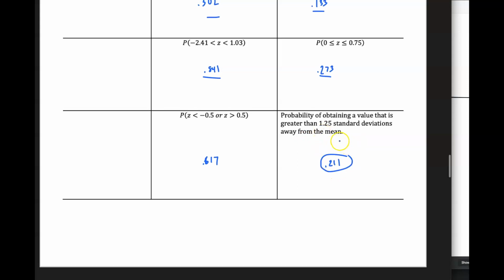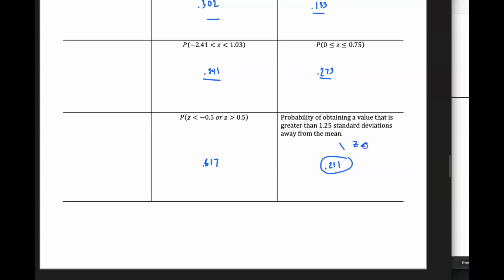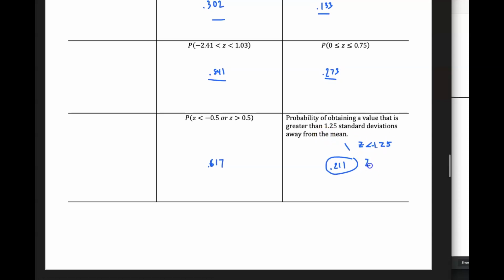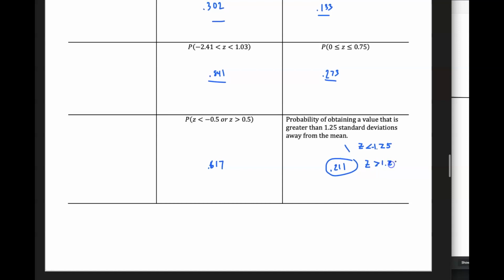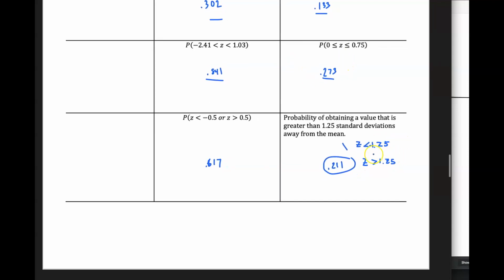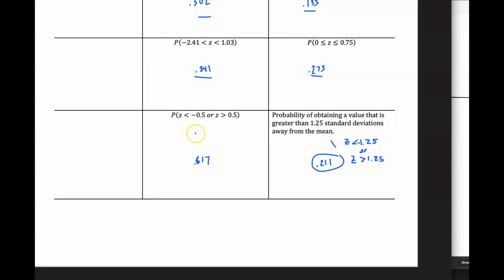What we're really looking at is that the z-score is less than negative 1.25, or the z-score is greater than 1.25. You have to go in both directions, positive and negative. It's an OR problem, because it's more than those. Similar to this one here.